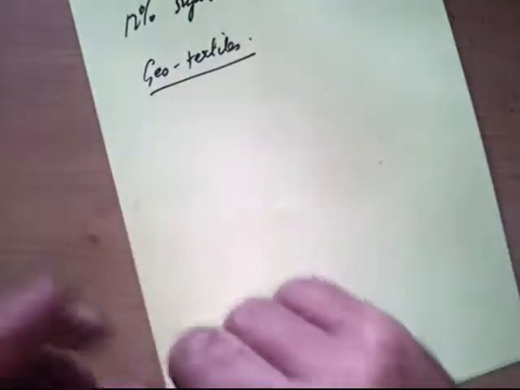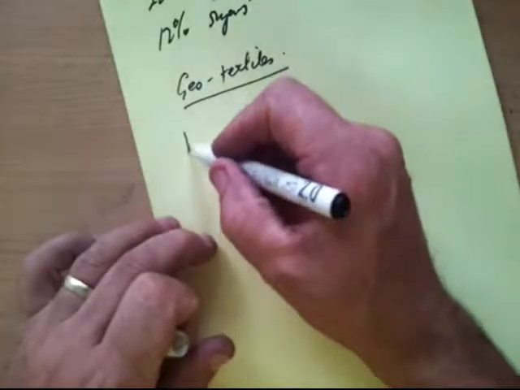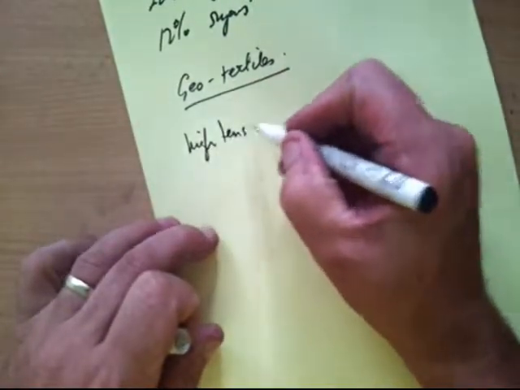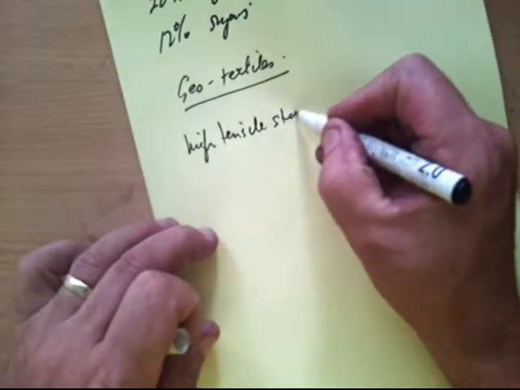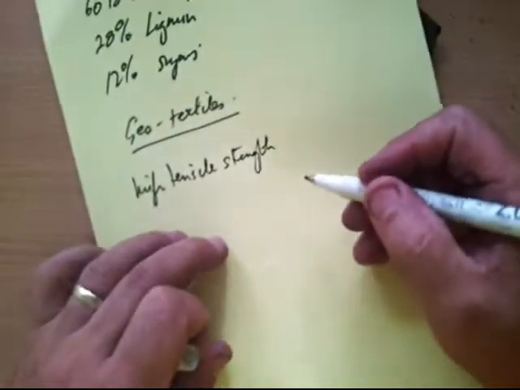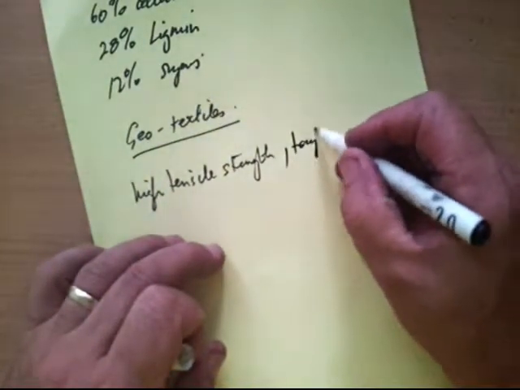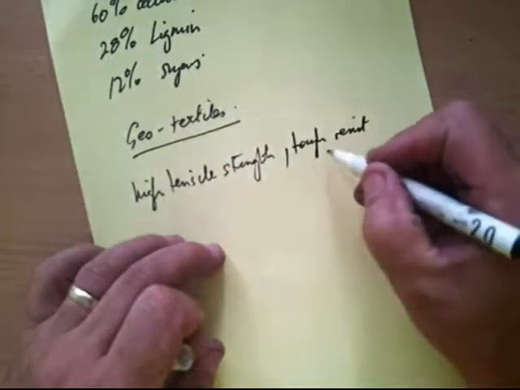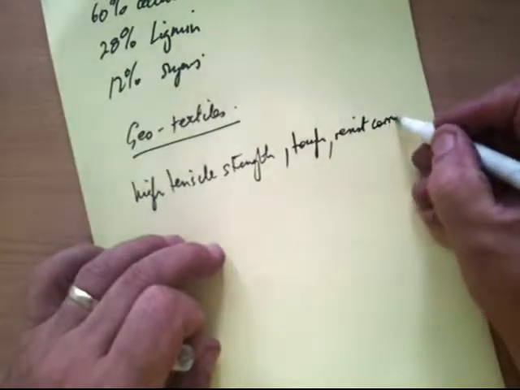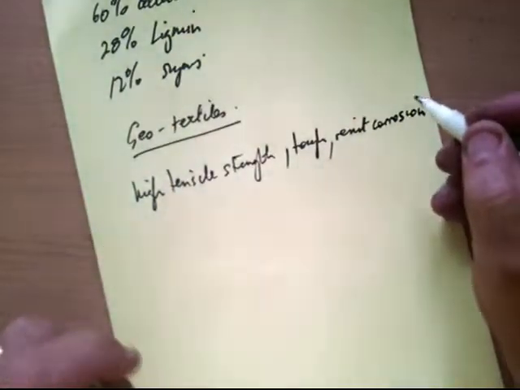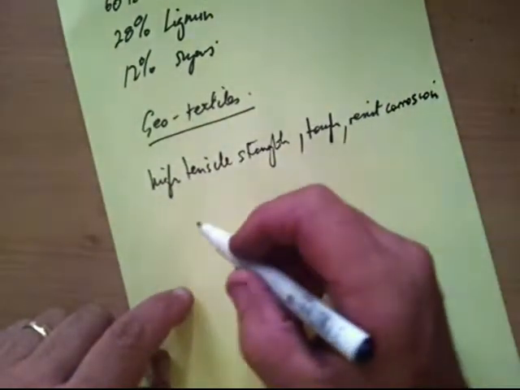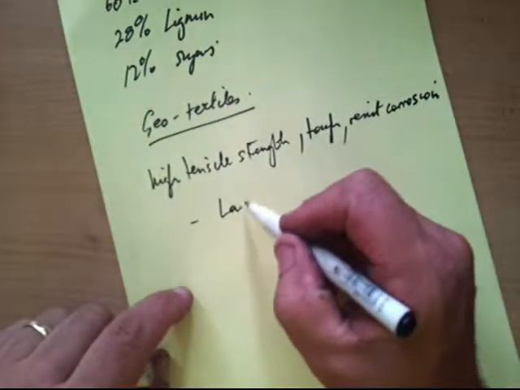The idea of geotextiles is that they're made from polypropylene or PVC, usually polymers, or high density polyethylene, sometimes even polyester. And the idea is that they have high tensile strength, they're tough, and they resist corrosion.